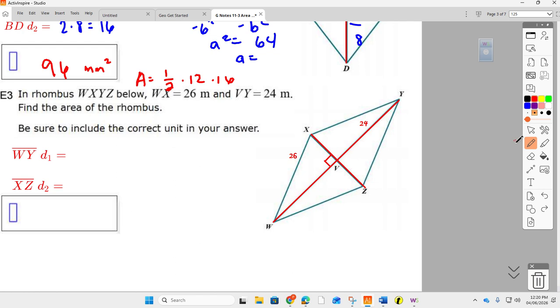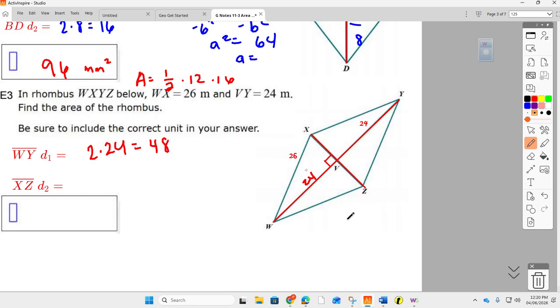Morgan? How long is WY? Segment WY. Yep. How'd you get it? These are congruent. 2 times 24 is 48, or you can add them together.